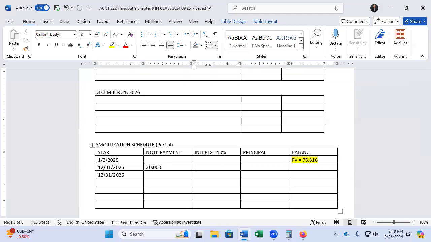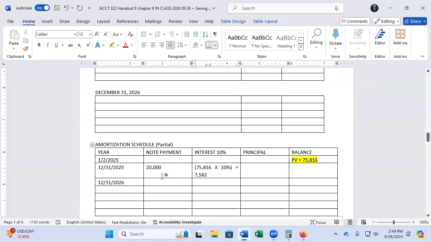The interest is going to be our balance, 75,816 times 10%, market rate, right? And that equals 7,582. And so the principal, what gets applied to the principal is 20,000 minus the 7,582 that was interest. And so that equals 12,418.